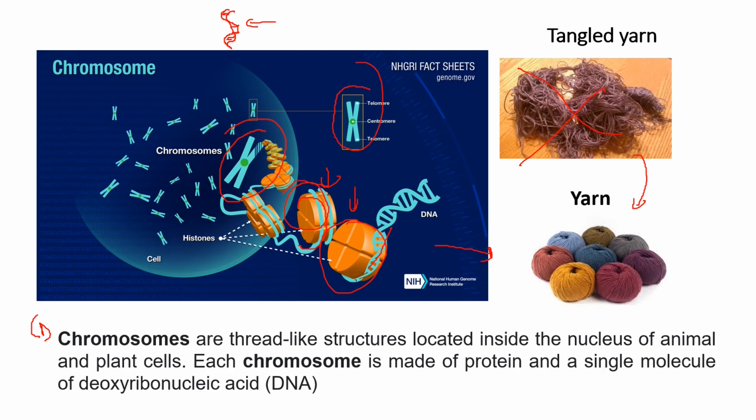So remember, chromosomes are thread-like structures located inside of the nucleus of animal and plant cells, because these are eukaryotes, and each chromosome is made of proteins. So here, in this case, the proteins will be this orange, and a single molecule of DNA that you can see here in blue.